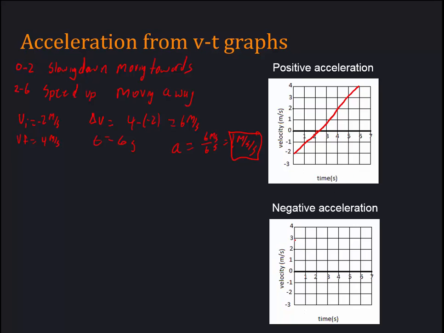If we go to a negative acceleration, it's exactly the same thing. Again, it does not matter which way the object is moving. For the first 3 seconds here, I have this thing moving towards the reference point, getting slower. So 3, then 2, then 1, then 0, this velocity is becoming less positive, closer to 0, and then from 0 it goes -1, -2, -3, and so our velocity is becoming more negative.